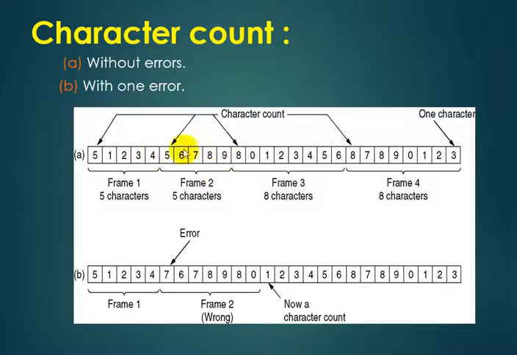So 5, after 6, 7, 8, 9. The starting character in the frame indicates the length of the frame. So up to 9, that is frame 2. After 9, you have to start the frame with 0, but 0 means there is no indication, you can't count the characters.